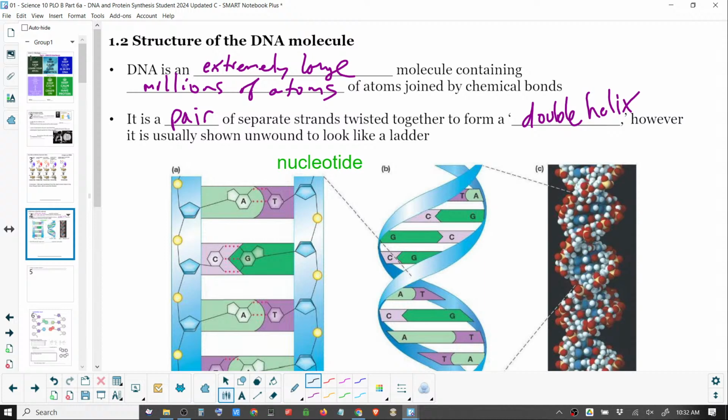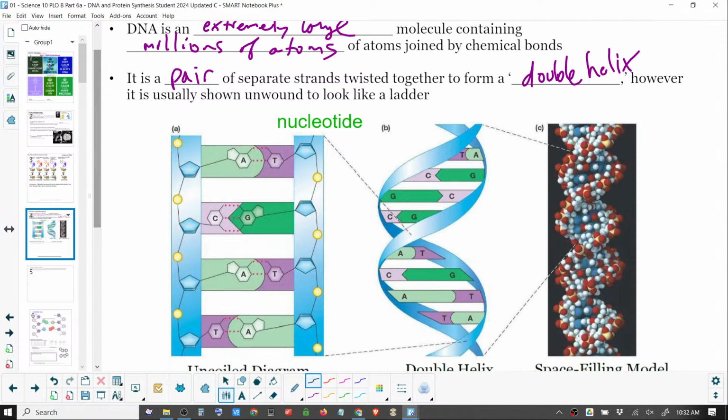When we look at the piece of DNA, we can see there's a different type of bonding in each one. What's the difference in bonding between those two? Top and bottom. C and G's bond together, A and T bond together.